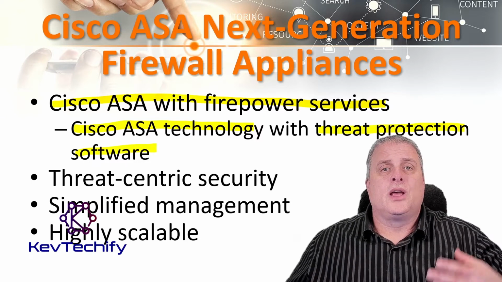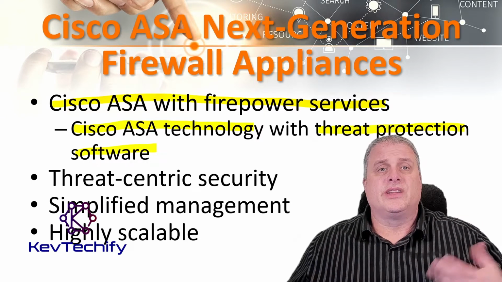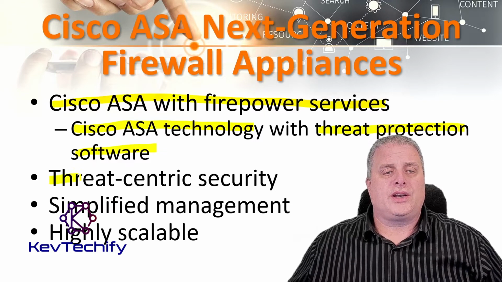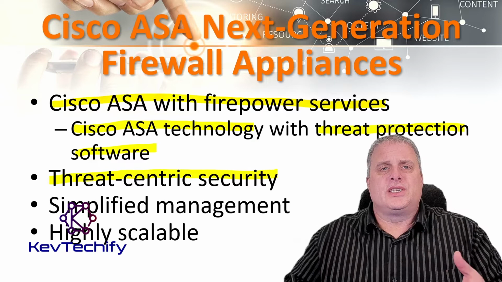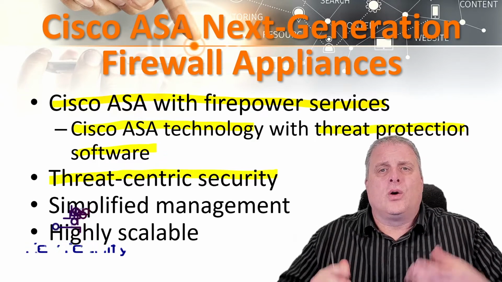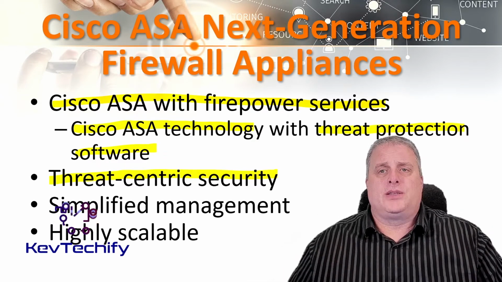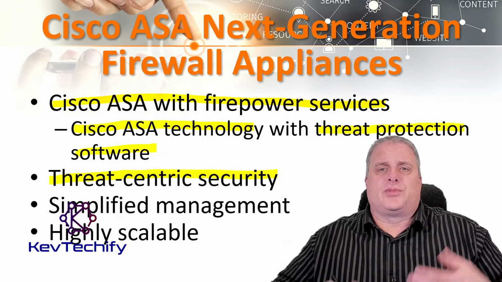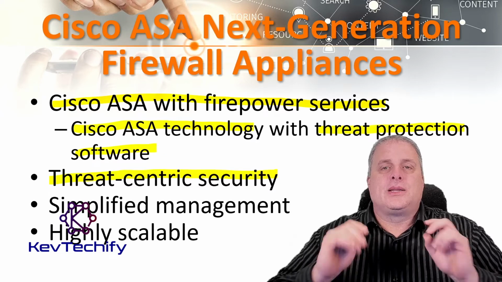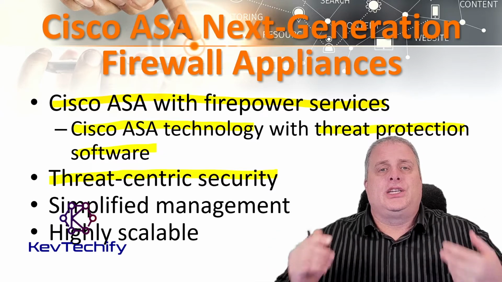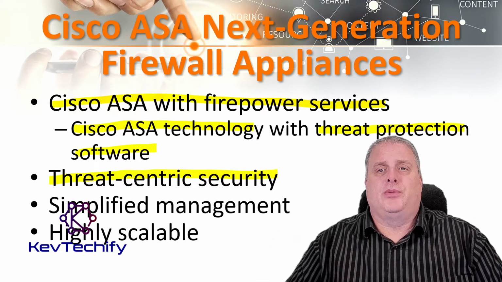Cisco ASAs with Firepower services deliver what we call threat-centric security. Whether you're protecting a small to mid-sized organization, remote office, or even a distributed enterprise, the solution integrates precise application visibility and control with leading advanced malware protection and next-generation intrusion prevention capabilities.